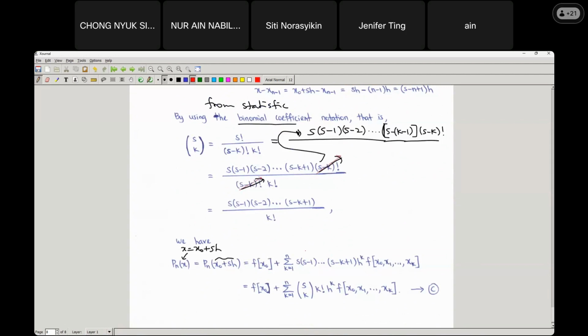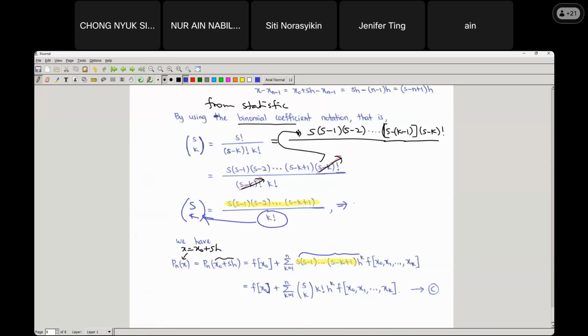And I can simplify this one. You see, this is my (s choose k), right? I don't want to write this because this is so long, all right? So I have this one, which is similar, you see? This one and this one, they are similar, right? Okay, so now what I'm going to do is I move this k factorial to that side.